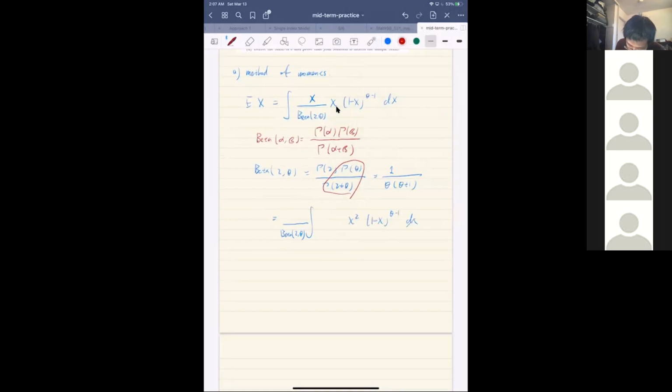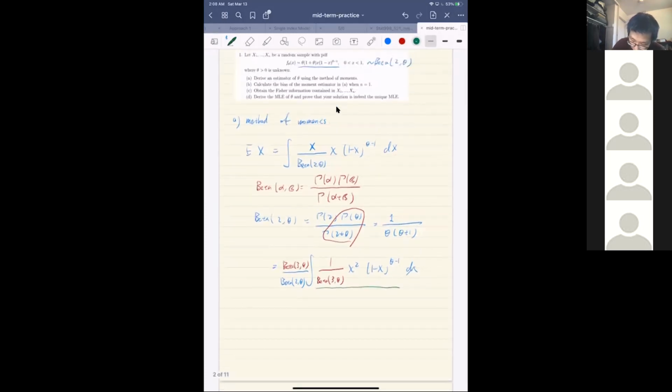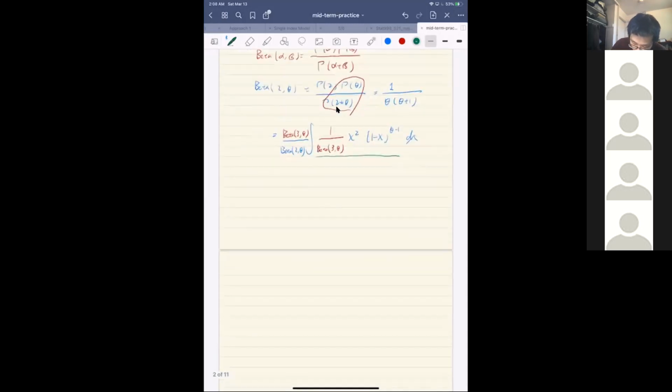If you divide it by B(3, theta), then it becomes a density, the beta distribution with parameters 3 and theta, so the integral of this will be 1.